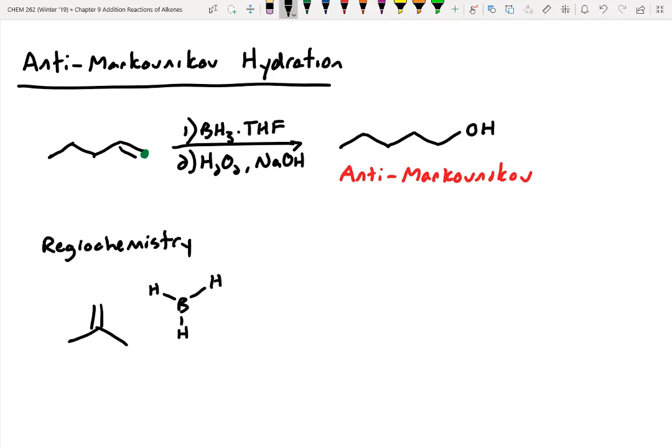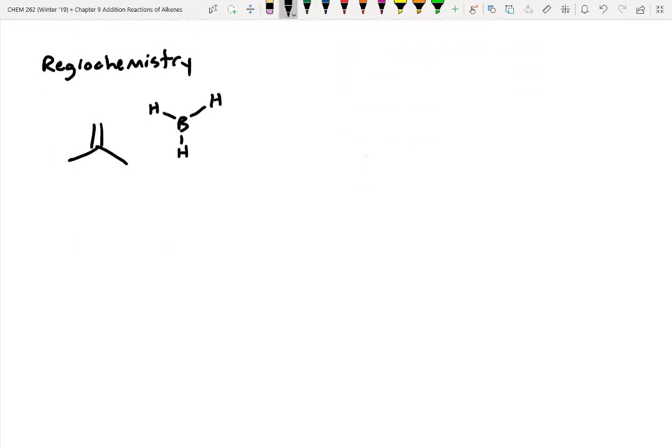But what ends up happening is the electrons in that pi bond are super attracted to that empty p orbital on boron. So that boron very much wants electrons, so it's going to steal it from that pi bond. When that happens, this carbon underneath here develops a lot of partial positive character and will instantaneously steal this hydrogen. So it's kind of weird. Actually, look, I've got my arrow going the wrong way. It's going to steal the hydride, so we need to show the arrow going that way.